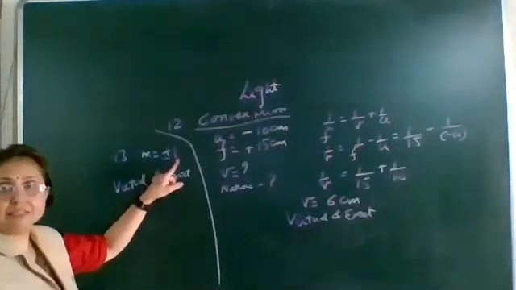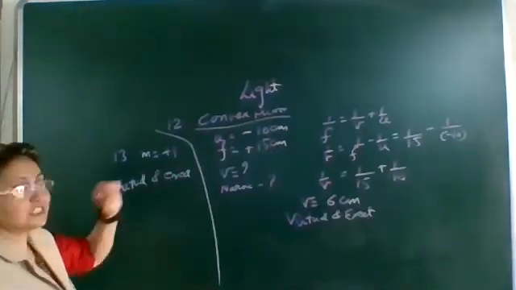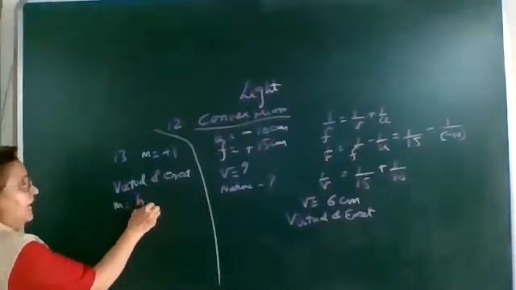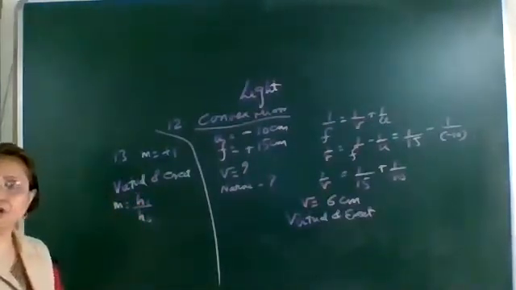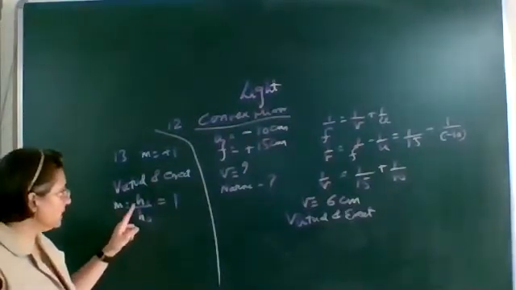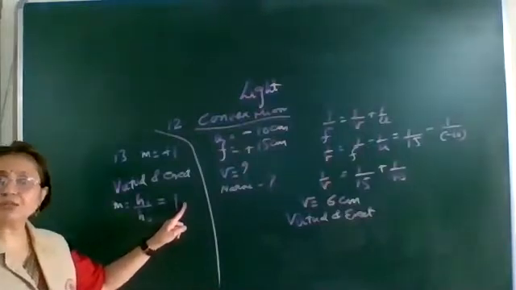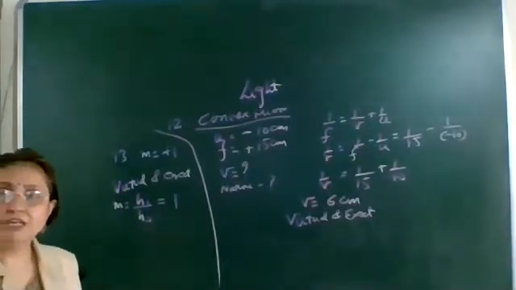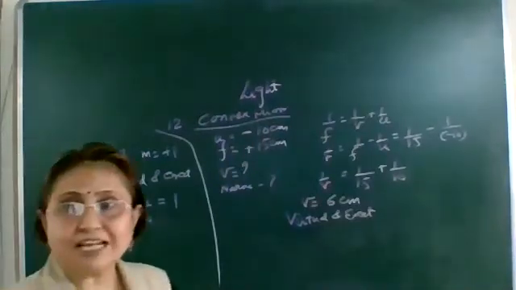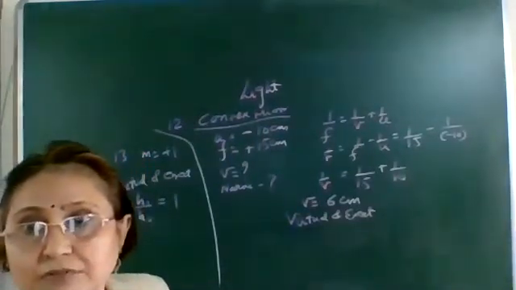Next is 1. The magnitude is 1. What is this 1 indicating? We know that magnification is the height of the image to the height of the object. And if this is 1, it means the height of the image is equal to the height of the object. So it indicates that the size of the image is equal to the size of the object.